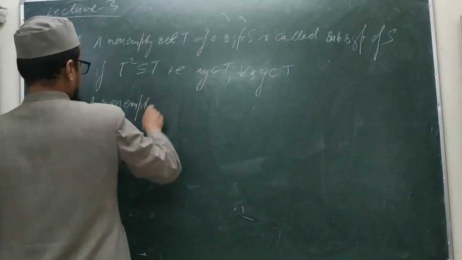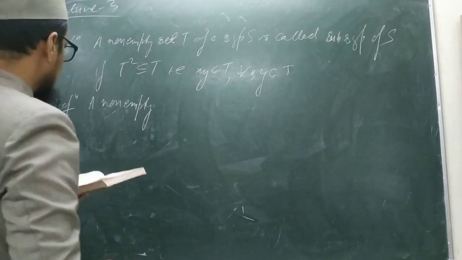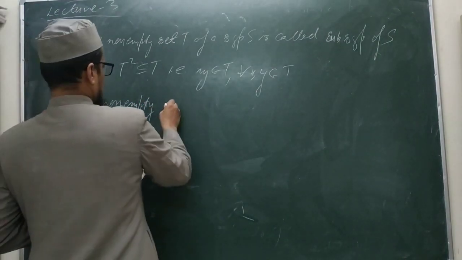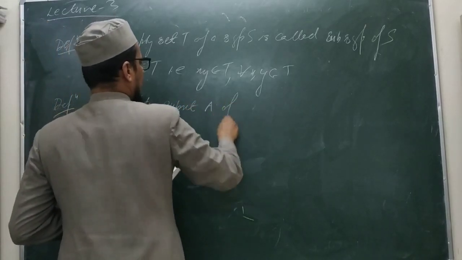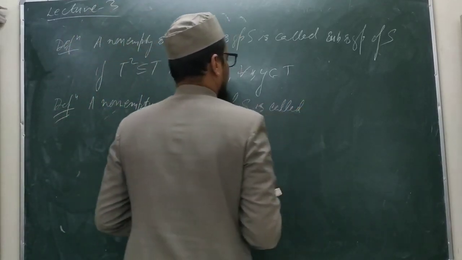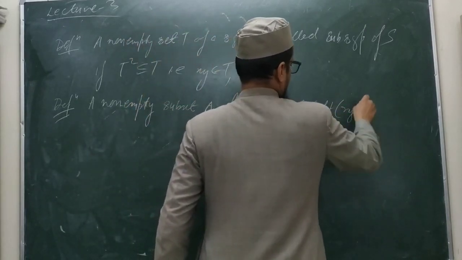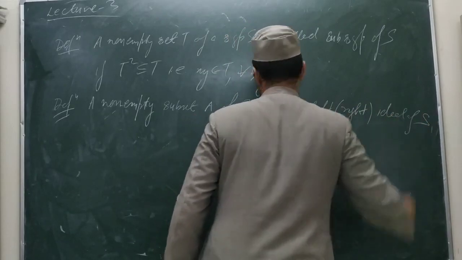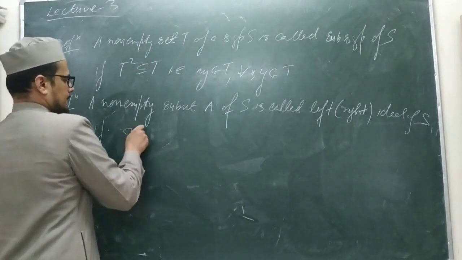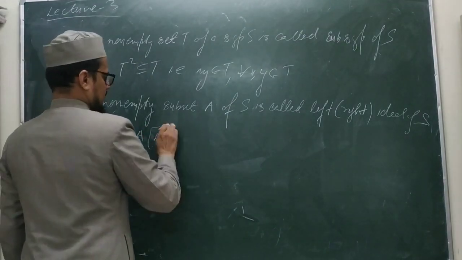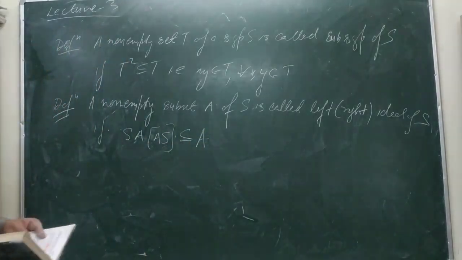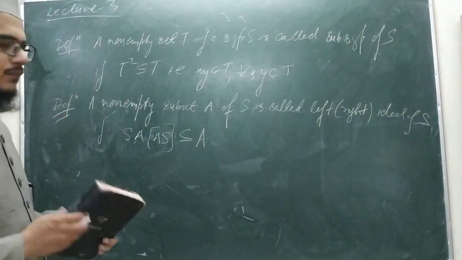A non-empty subset A of S is called a left (in brackets, you can write right) ideal of S if SA (in brackets, you can write AS) is a subset of A. Is it clear?